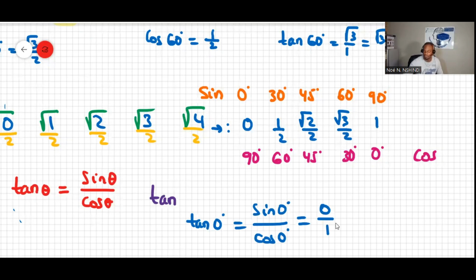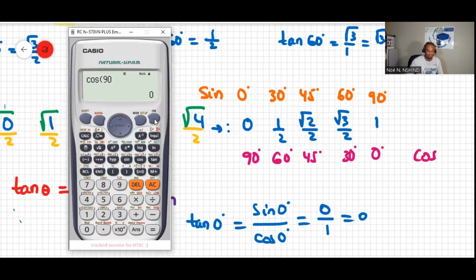So 0 over 1 is going to be 0. You can check that in the calculator. Tan of 0 degrees is equal to 0. And it is so for all the angles. I'll let you try yourself tan of 30 degrees, 45 degrees, 60 degrees, and 90 degrees.